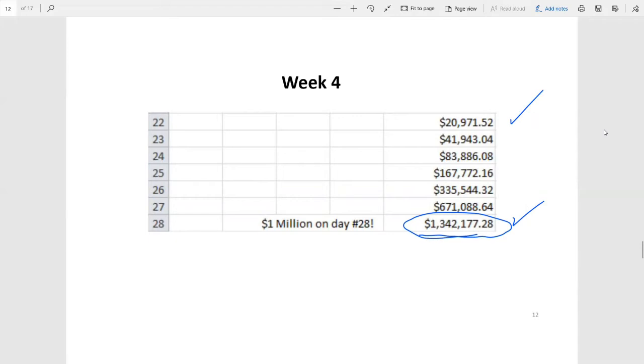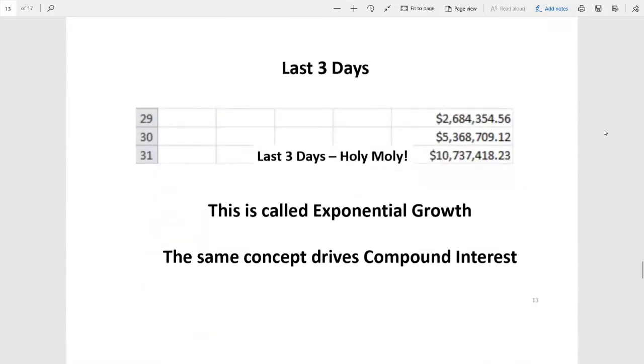In fact, on the 26th day, you make $335,000, which is a good bit more than the 200,000 he was going to pay you for the full month. Finally, the last 3 days, you keep doubling it, and, holy moly, on the 31st day, you make $10,737,418.23.